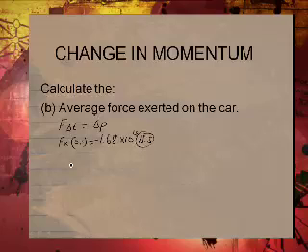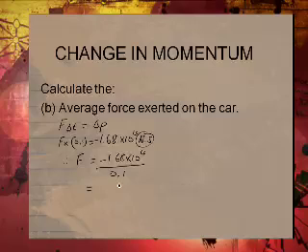Remember, you don't have to put in units there. So F should be equal to minus 1.68 by 10 to the power 4 divided by 0.1. And that should give us minus 1.68 by 10 to the power 5 newtons.